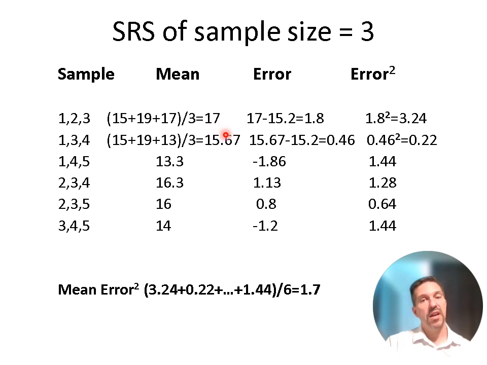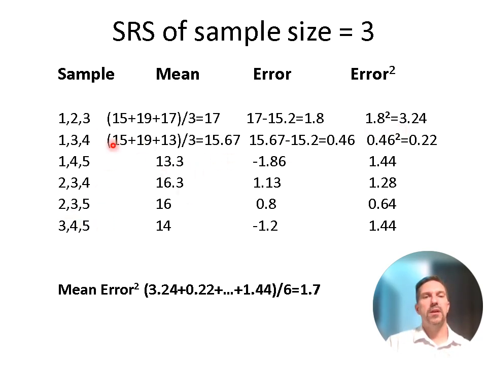Again, because I know the true value in the population, which will not usually be the case, I can see that I'm committing an error of $1.8 million. Okay, and when you square that so that we can add them all up, I get 3.24 million square.